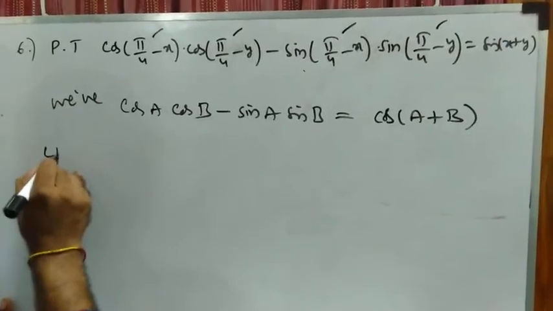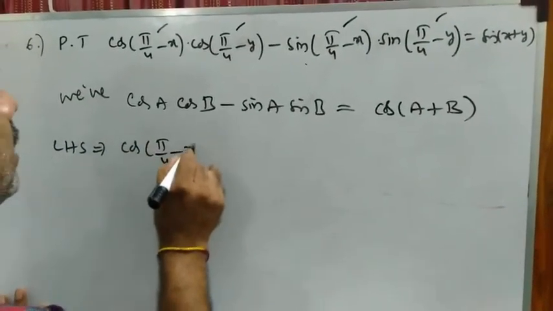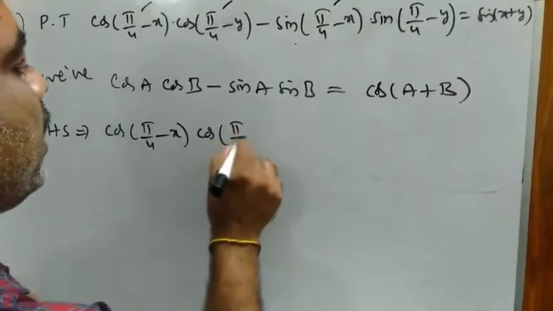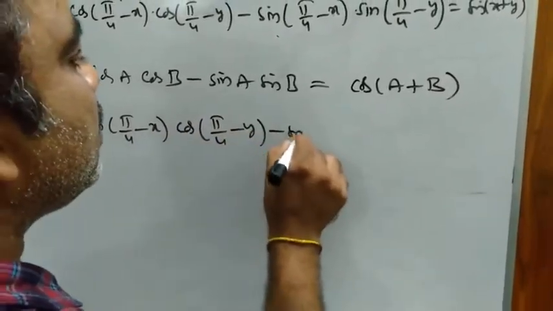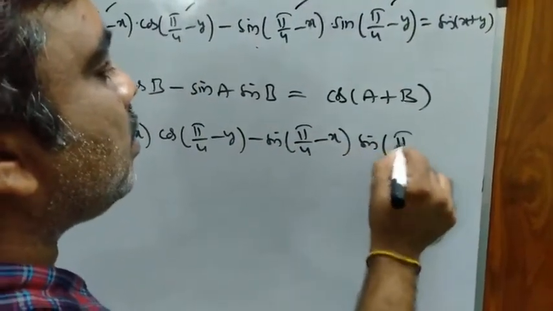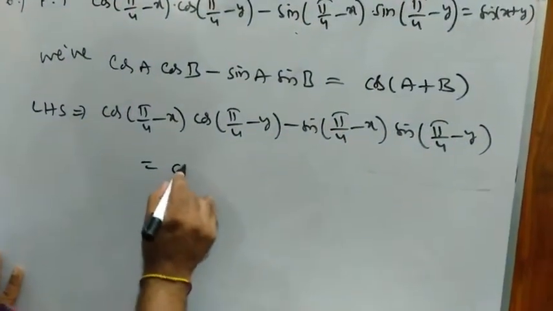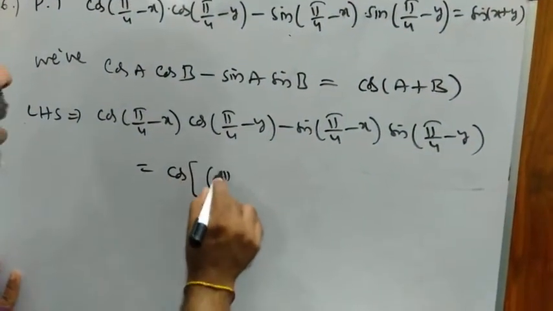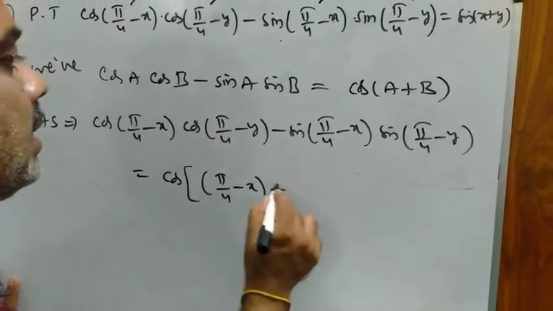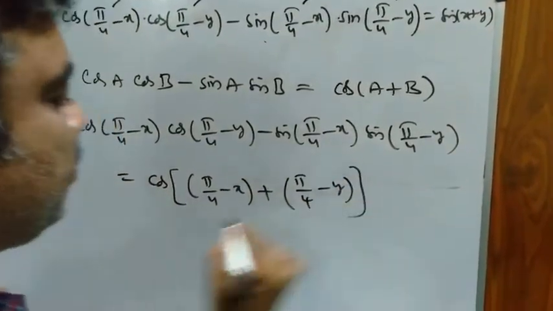So you can write the LHS part as cos(π/4 − x) cos(π/4 − y) minus sin(π/4 − x) sin(π/4 − y) is equal to cos(A plus B). So A means here π/4 − x and B means π/4 − y.